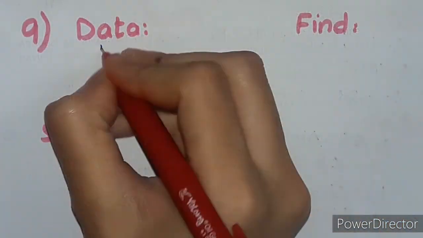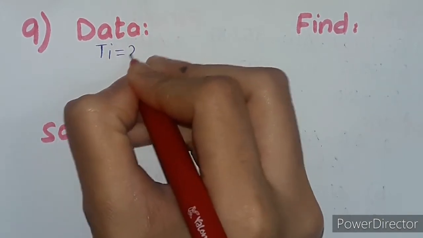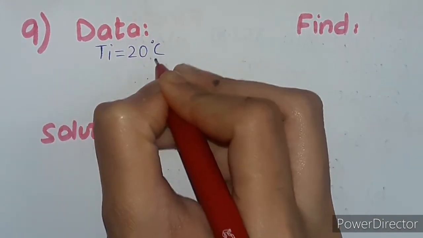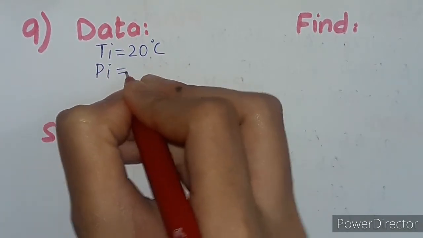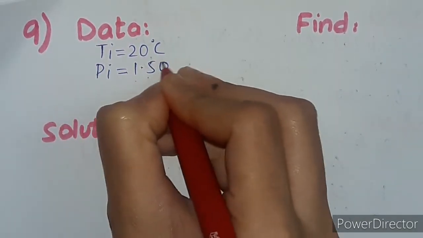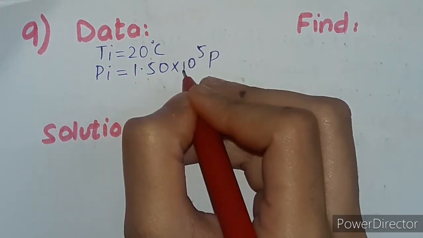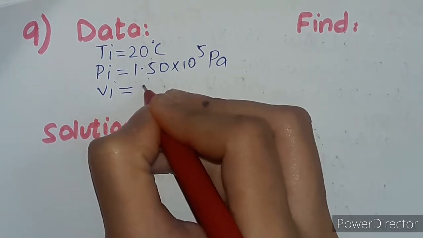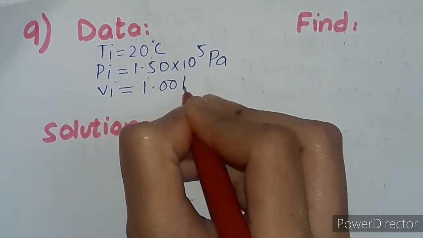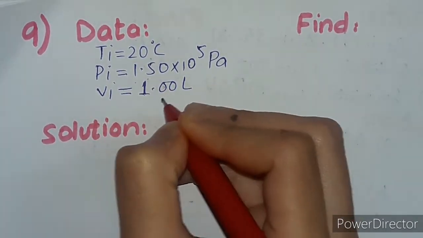And the temperature Ti is 20 degrees Celsius. Then the pressure Pi is equal to 1.50 10 to the power plus 5 Pascal. Volume initial is 1.00 liter, or 1 liter.